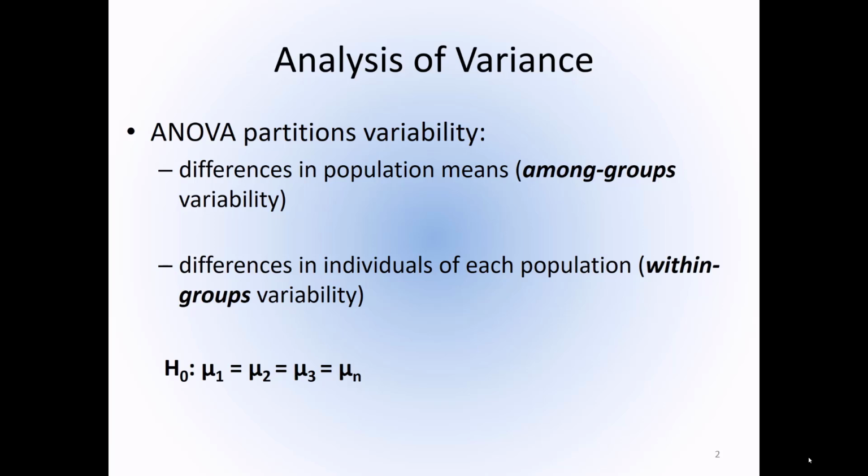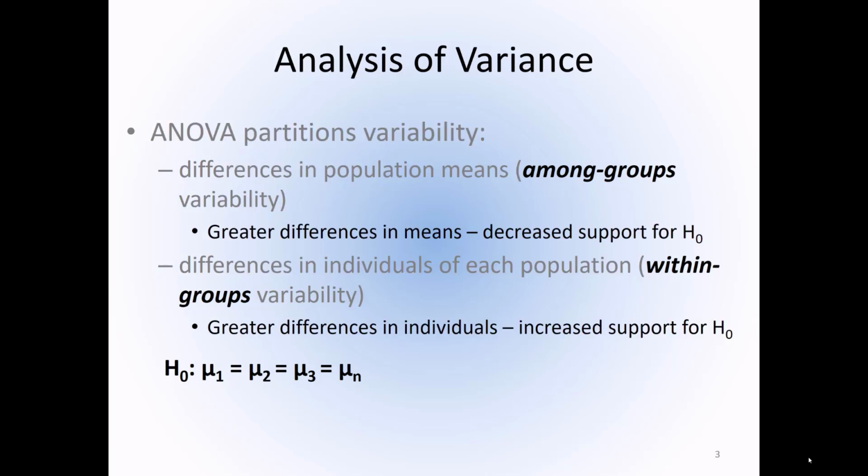So just a real quick recap of what the previous video discussed is that ANOVA partitions variability into two different aspects of our data, and that's the differences among the different groups, and also the differences within the respective groups. So how much variability is there in the data across our treatments and within our respective treatments in order to test the null hypothesis that our means are all the same.